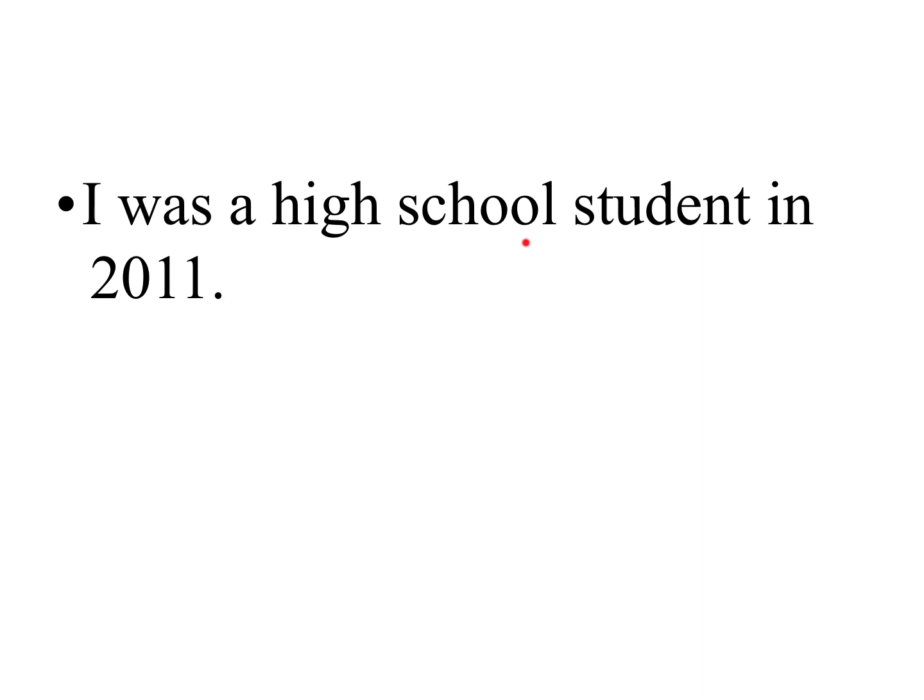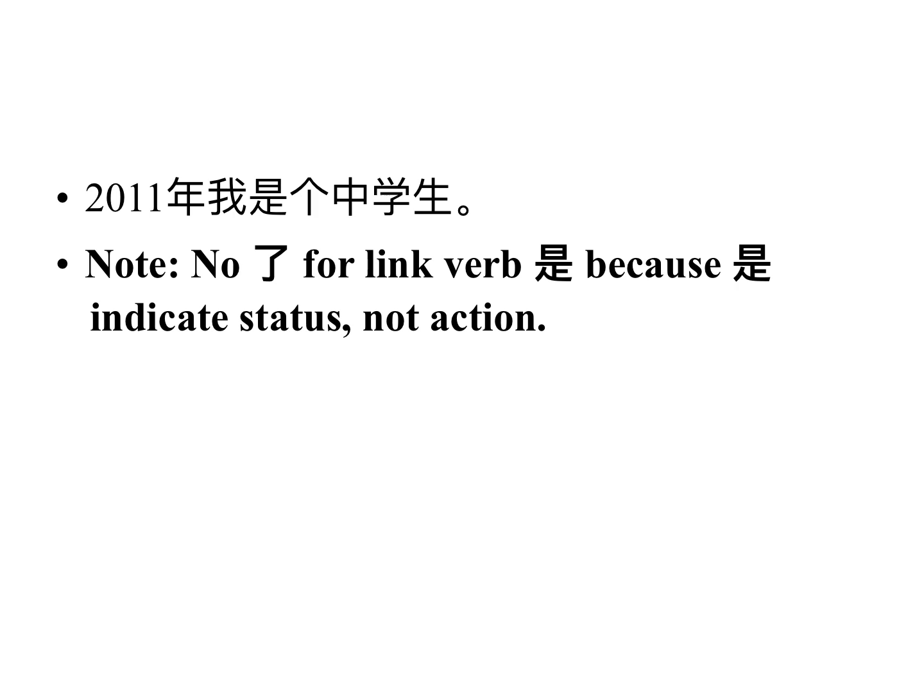We do not emphasize that we completed an action. So we do not use le. The answer is no. No le for the linking verb 是, because 是 indicates status, not actions. So the whole sentence is 2011年我是个中学生.